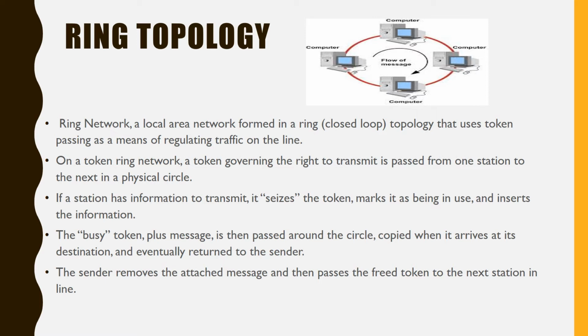In this topology, when a node sends a message to some other node, then all the other nodes remain idle at that time till an acknowledgement is received by the sending node. When the sending node receives the acknowledgement from the destination node, then only it is able to release the token, and then it passes to the next node.